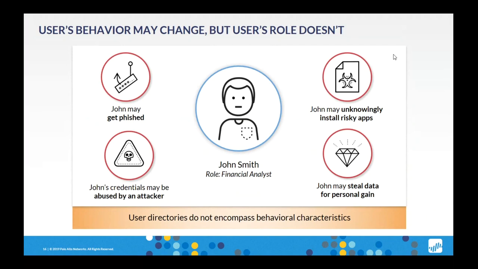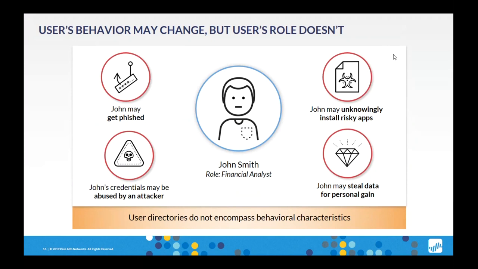And why is it a problem? What would you be affected by if you are under attack and your user group or user role is static? For example, take a user called John Smith. If he gets phished, his credentials will be taken and abused by the attacker, and it will affect his user profile or user identification on the Palo Alto firewall.